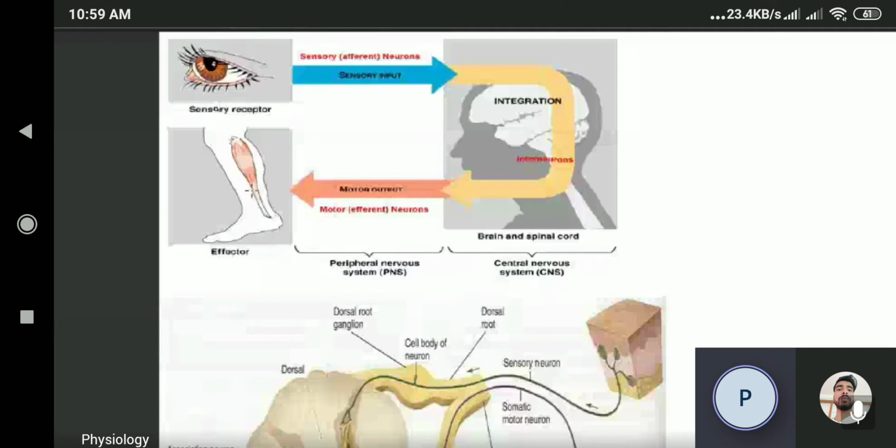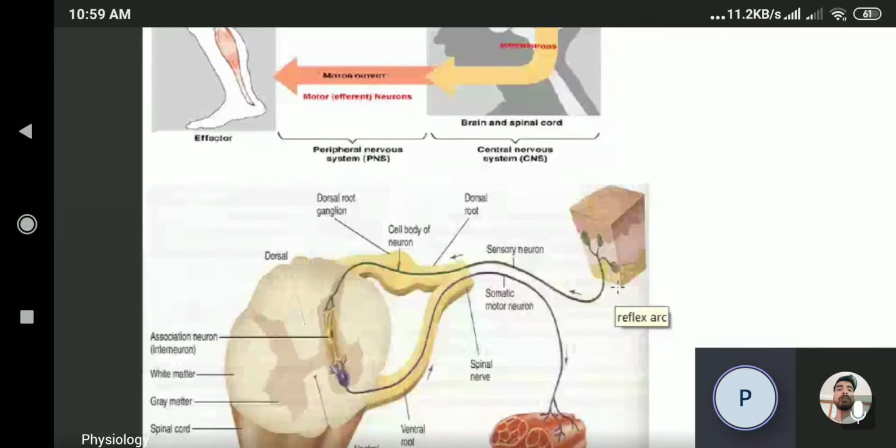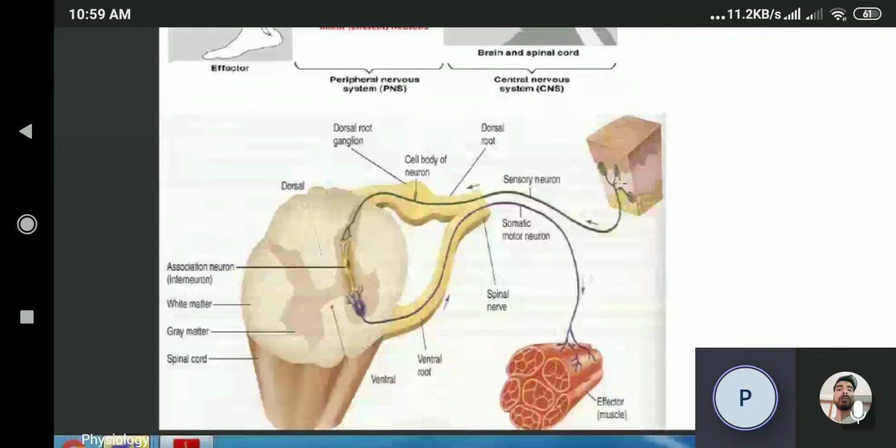Here in this picture, this is a transverse section of the spinal cord. We are talking about the pathway that is traveled by the reflex. The path that is traveled by a reflex is called the reflex arc. We should know the components of the reflex arc. The first component is the receptor. The second component is the sensory nerve or afferent nerve. The third component is the center.